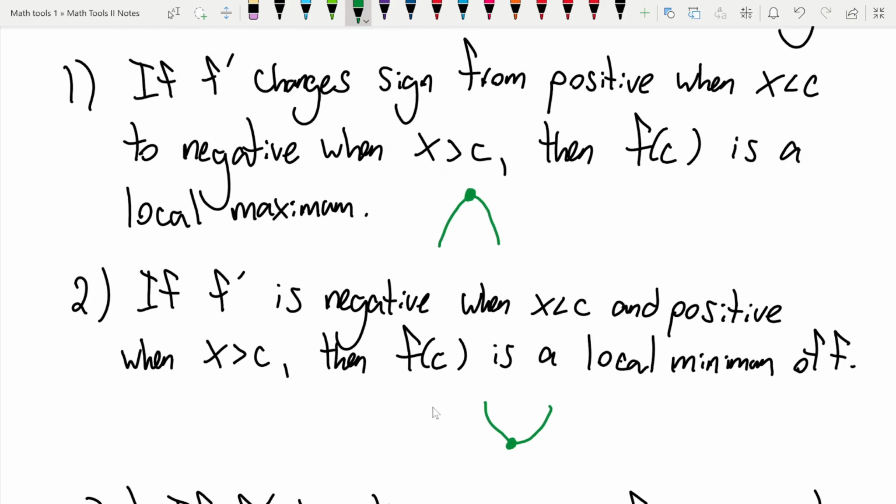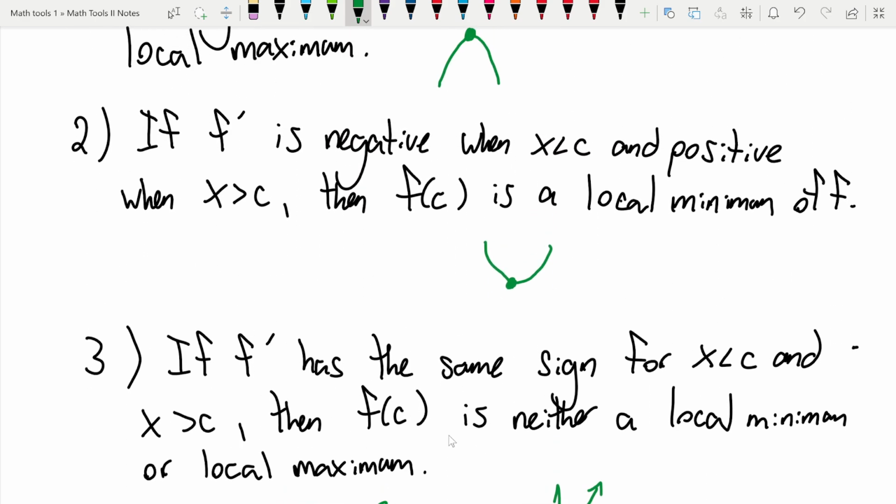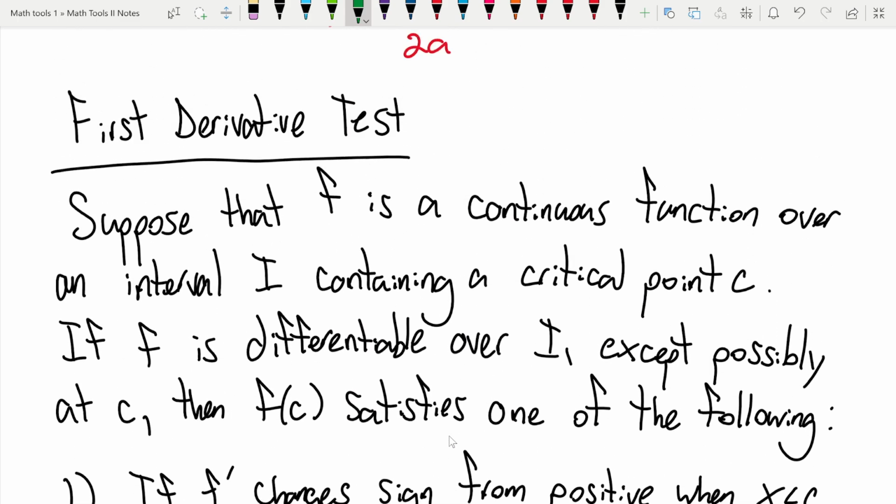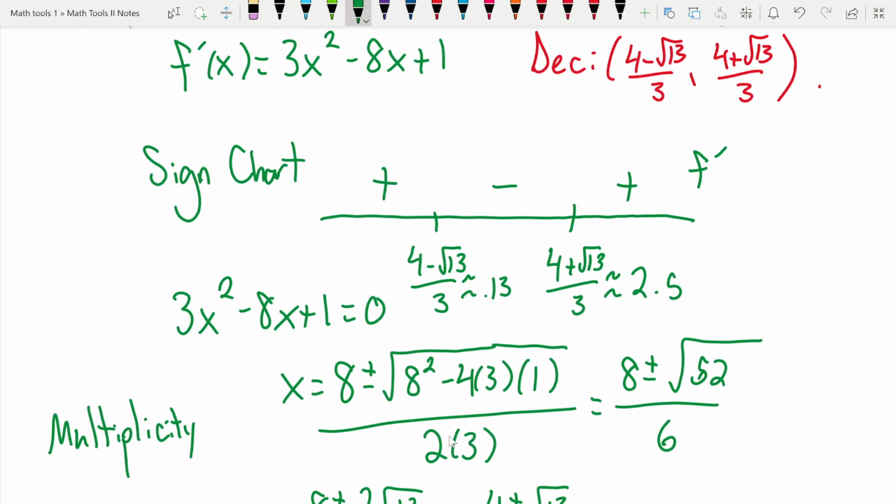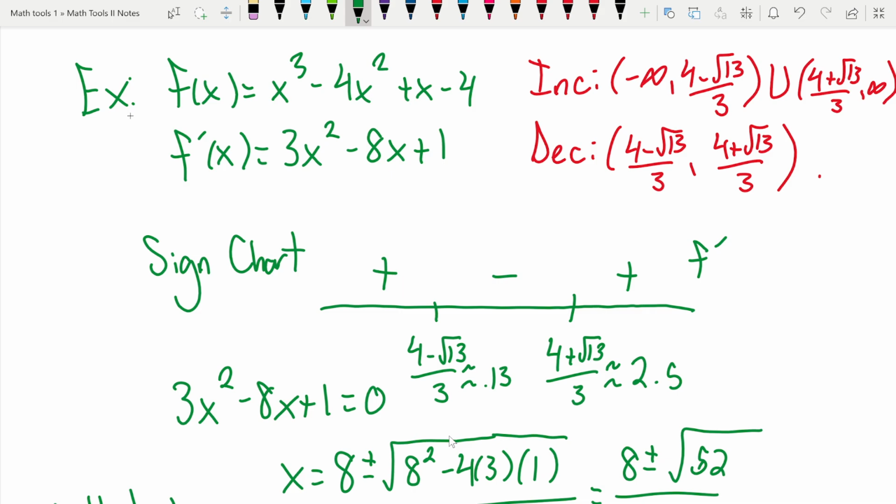So now we can go ahead, maybe we'll just look at some previous examples first real quick, like this one that we did in the last video. Okay, so this one, x cubed minus 4x squared plus x minus 4, we found the critical numbers as (4 minus root 13)/3 and (4 plus root 13)/3.